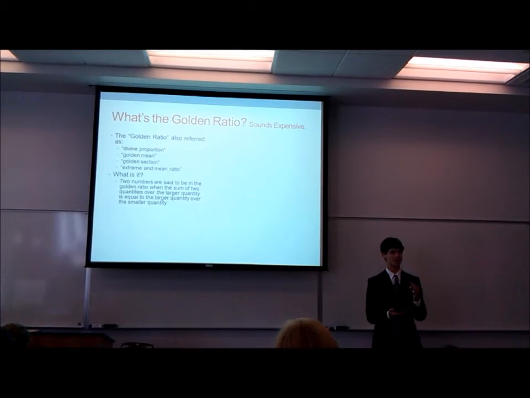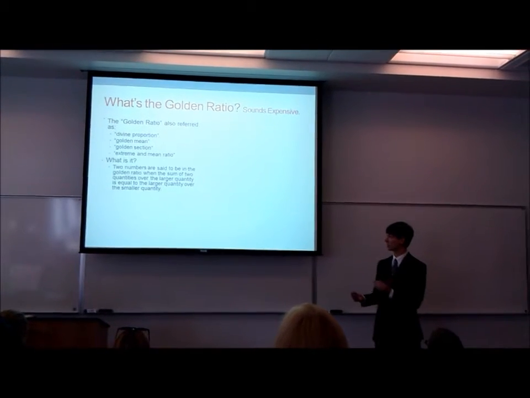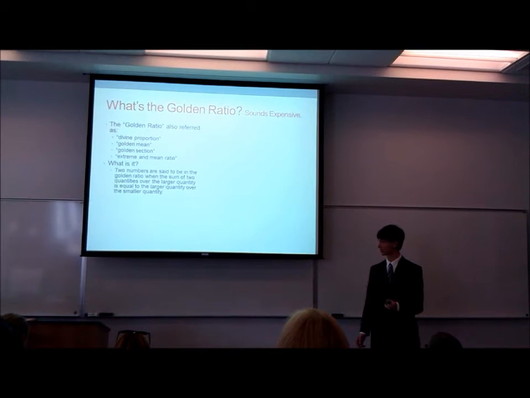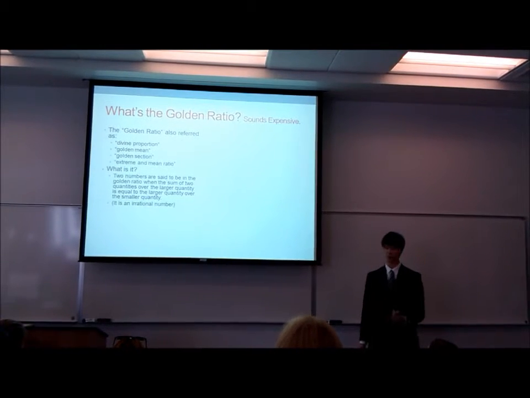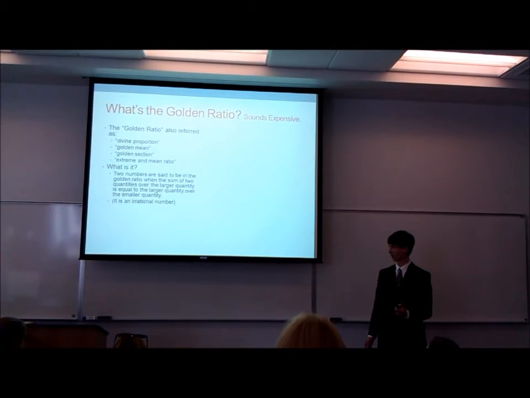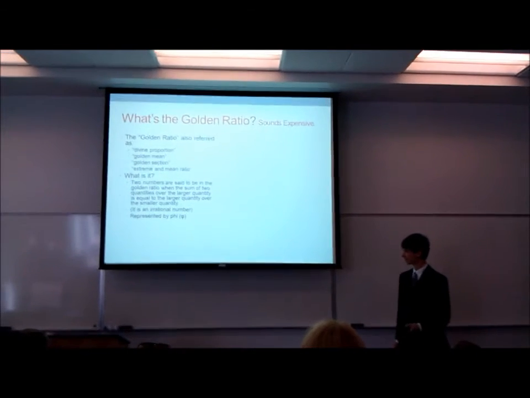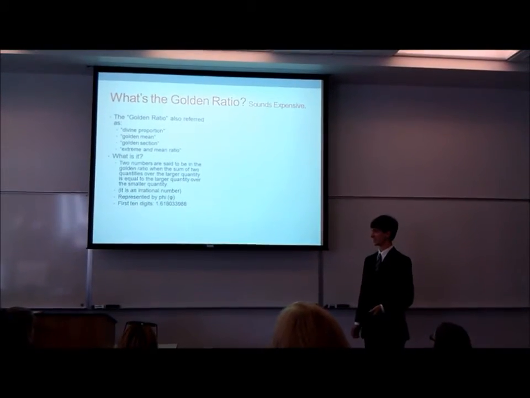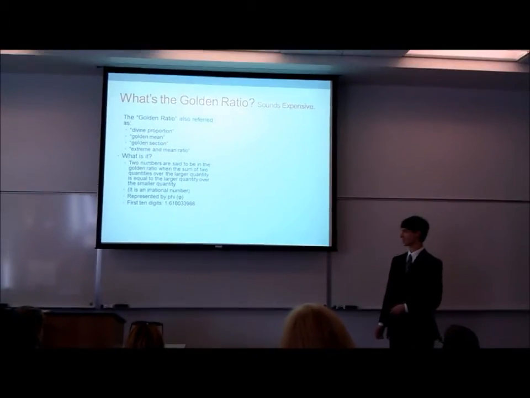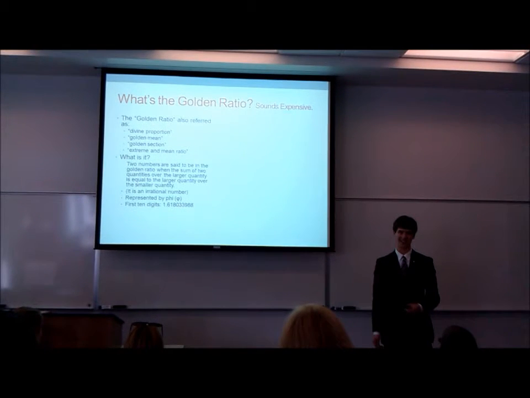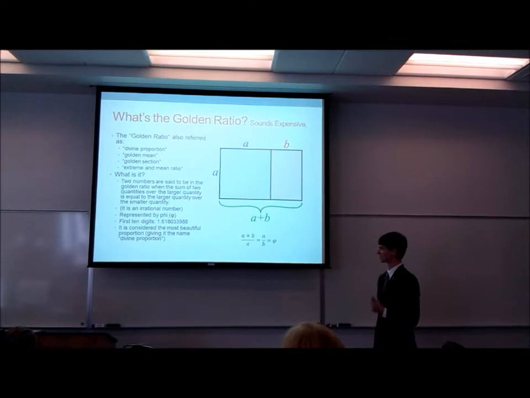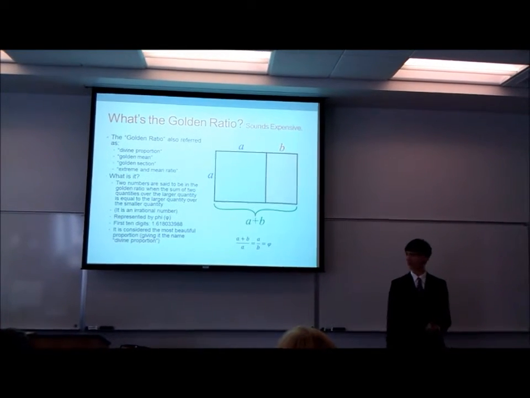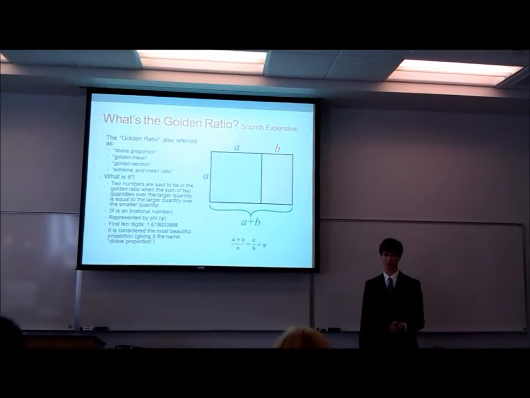The two numbers are said to be in the golden ratio when the sum of the two numbers over the larger number is the same thing as the larger number over the smaller number. When you have this, you get an irrational number that we call phi, and the first 10 digits of it are 1.618033988. It keeps going on, not repeating. It's also considered the most beautiful proportion, which gives it its name, the divine proportion.